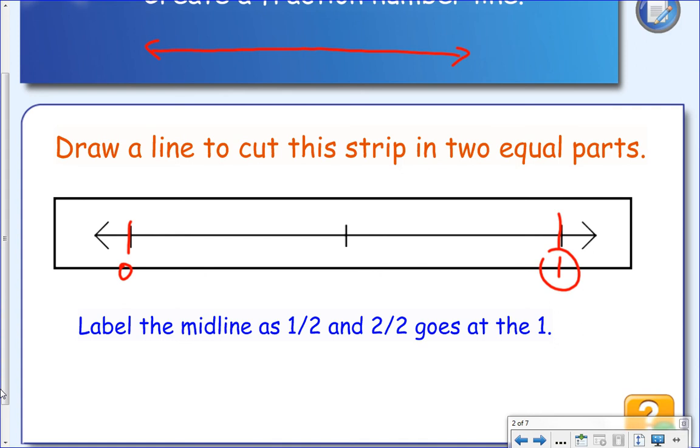Okay, so if I'm doing half fractions, then I am going to place it into two equal parts, because a half is two equal parts. So in order to do that, I'm going to have just one center line, just like that.